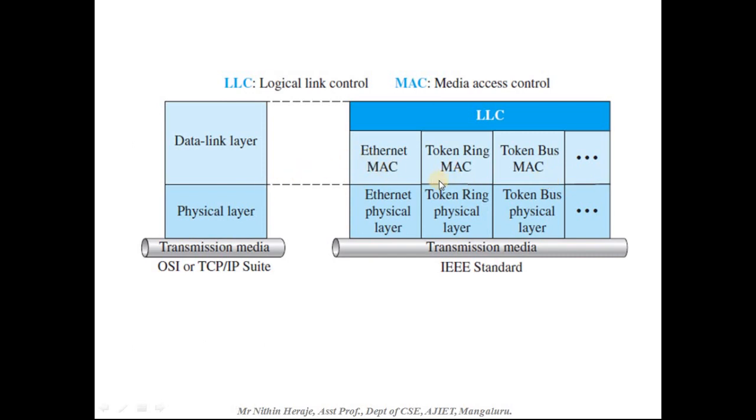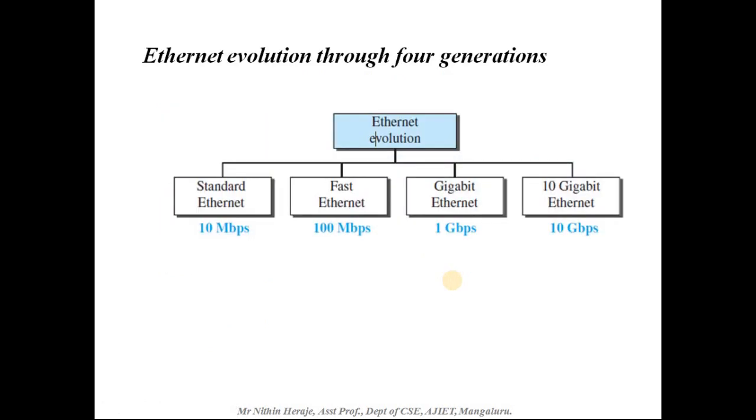You can look at this diagram, how the data link layer is divided into logical link control and media access control, and this is the physical layer. So this is under OSI or TCP/IP, and this is how it looks in the IEEE standard.